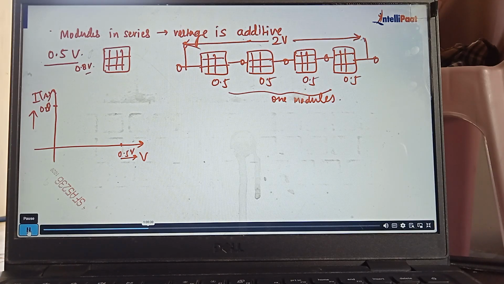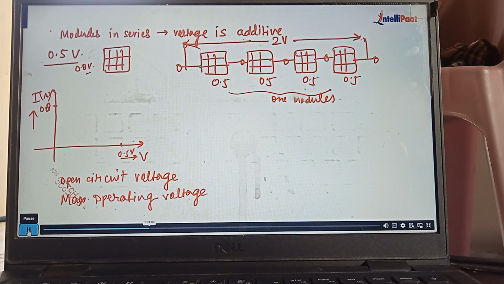So we have two particular quantities, these voltages and currents. One is known as the open circuit voltage, and the second is known as the maximum operating voltage, or voltage at MPP, the maximum power point voltage.